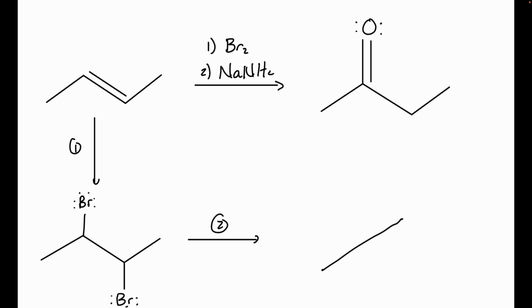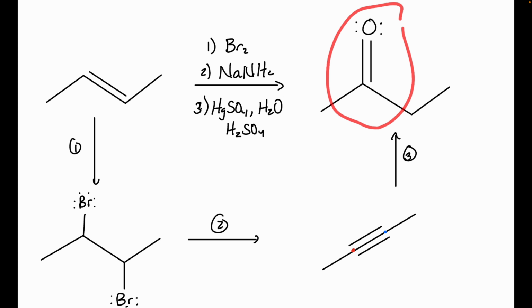And then I'm going to need to do a hydration reaction. In this case, they are both secondary carbons, so it wouldn't really matter which one I chose. I'm just going to do what would practically be cheaper, my mercury sulfate, water, and sulfuric acid. Although if you said instead a hydroboration reaction, that would work perfectly fine as well. But we're going to need to then create our enol intermediate that'll then tautomerize to our ketone product. Sorry, that's a 2.